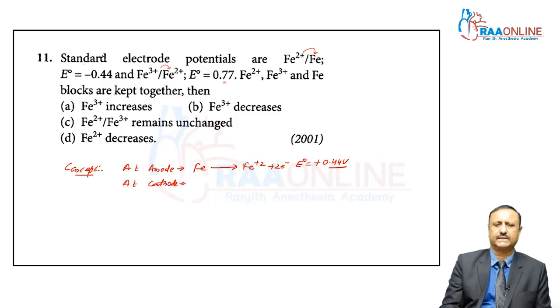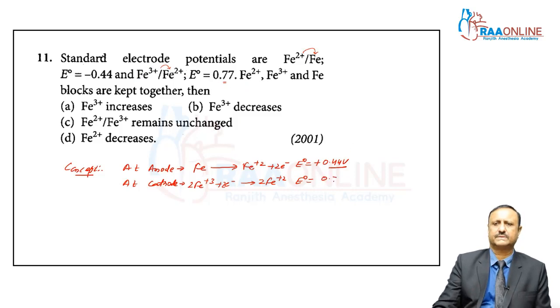At the cathode, my dear students, this Fe plus 3 is reduced by the electrons. These 2 electrons are taken by this Fe plus 3. Yes, you can take twice Fe plus 3 to give twice Fe plus 2, and E naught is given as 0.77, because here Fe plus 3 is converted to Fe plus 2.